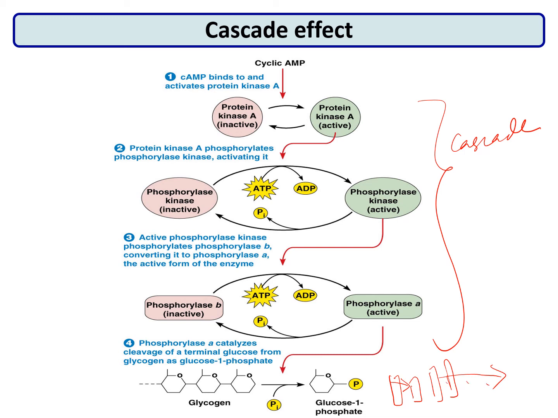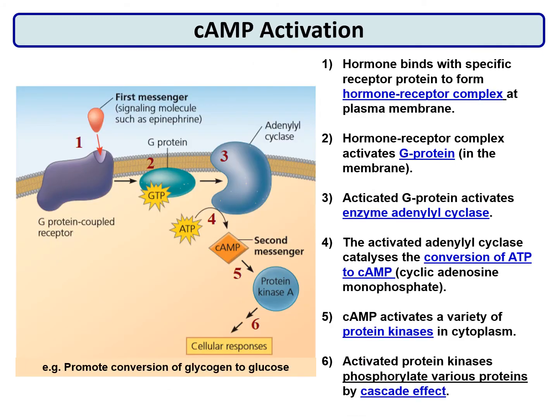Jadi berjujukan turutan series of action. So boleh baca sini apa penerangan tadi sama dengan yang dah saya baca tadi. So ni cellular response ni. Inilah contoh glycogen converted to glucose, contohnya untuk glucagon.